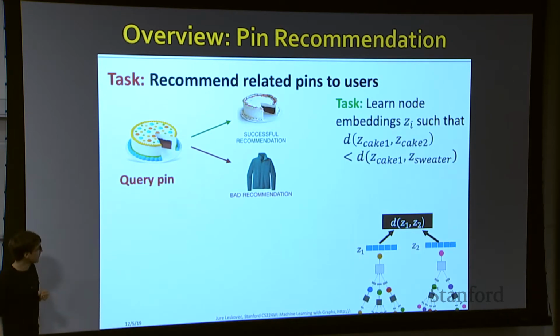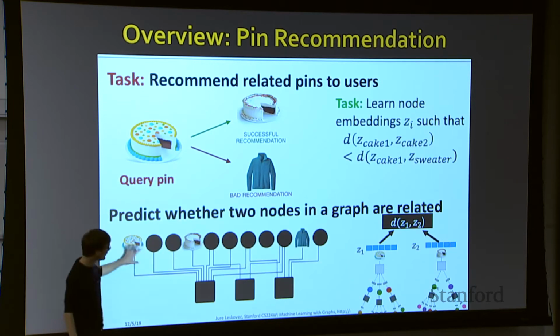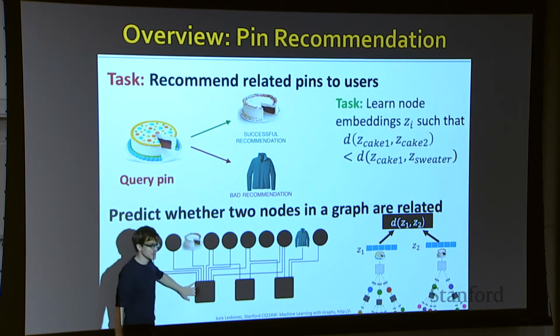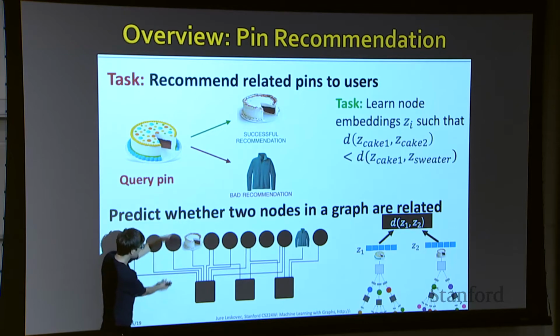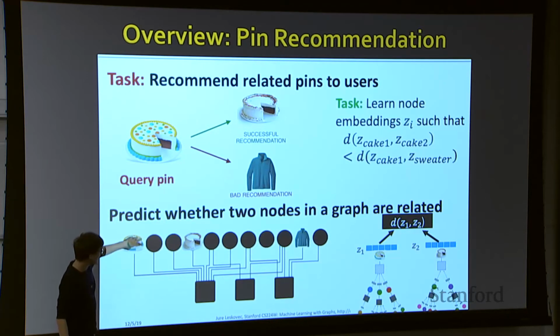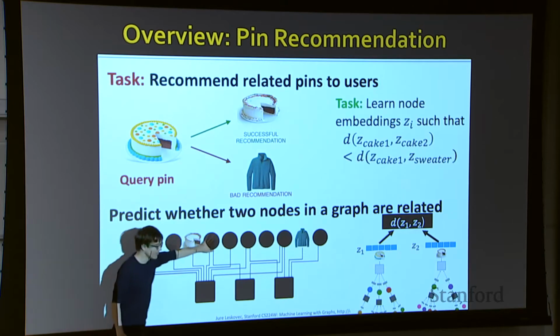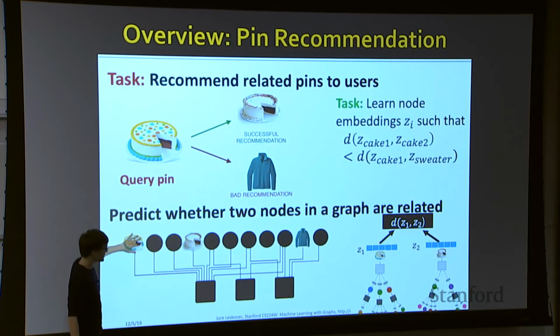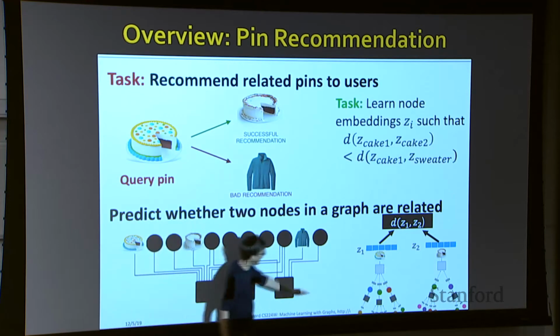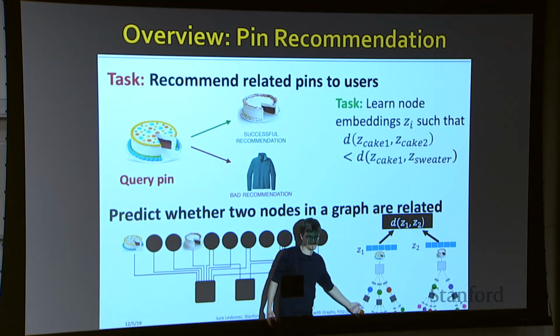So how are we going to do that? We are going to take this bipartite graph of pins and the boards they belong to, and we will think of this as a graph neural network, right? So we will say, let's create an embedding for every node in this graph, but rather than just use the image and text information about each individual pin, let's unroll this network into a graph neural network, okay?